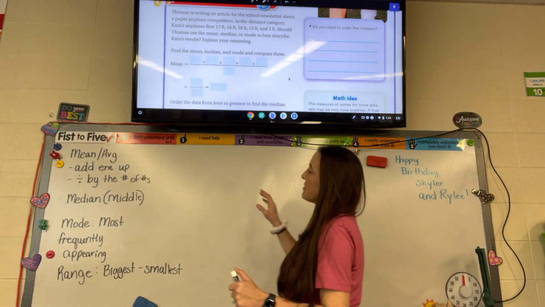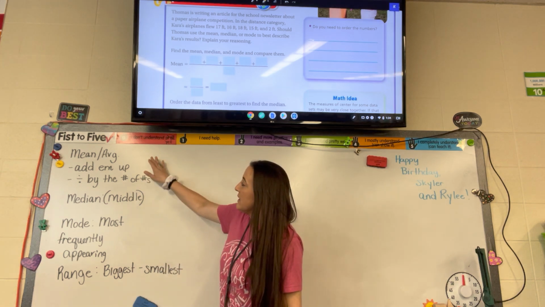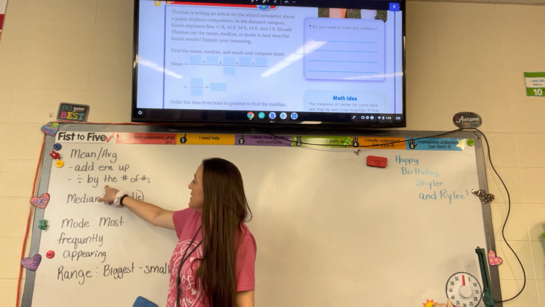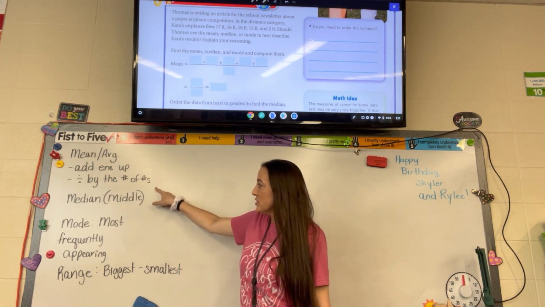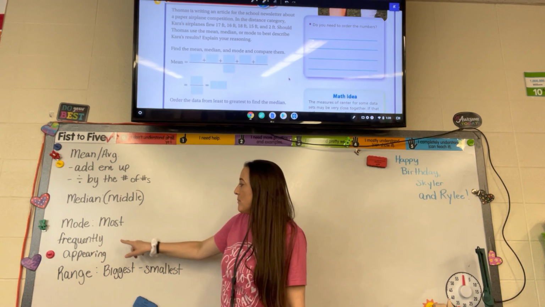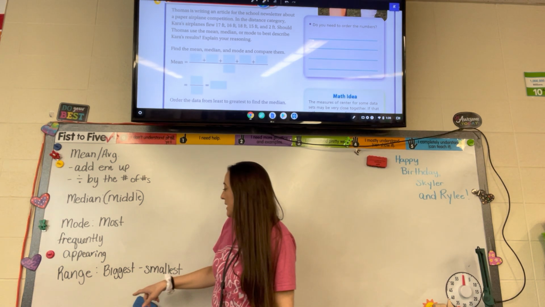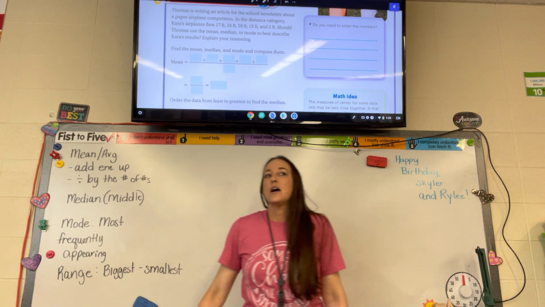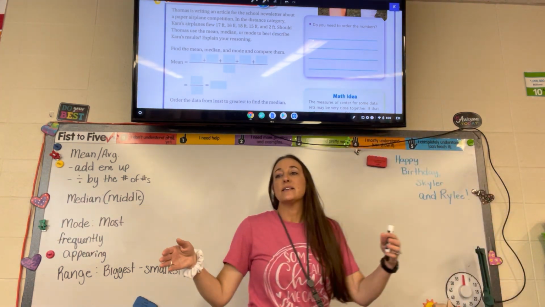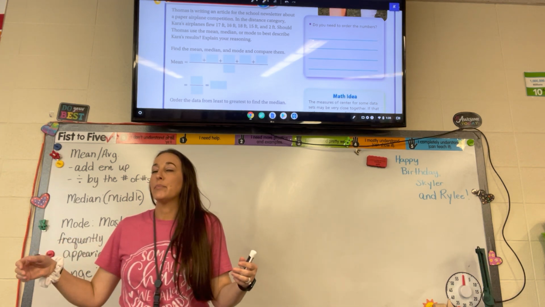The most important thing to know for this lesson is the mean, which is the average. You add them up and then divide by the number of numbers. The median, which is the middle. The mode, which is the most frequently appearing. And then we're also going to talk about range today, which is the biggest number in your data set minus the smaller number.